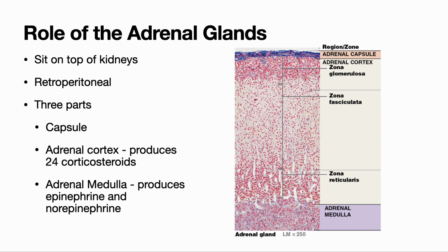So again, it's a little deeper than we probably need to go in this class. We're going to talk a little bit about the stress response later, but there's just some interesting stuff there. And so just to be aware that these corticosteroids or glucocorticoids do play a really important role in our stress response.